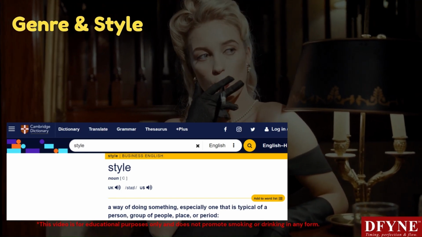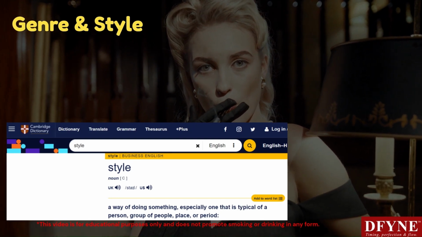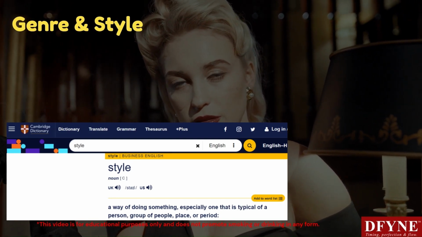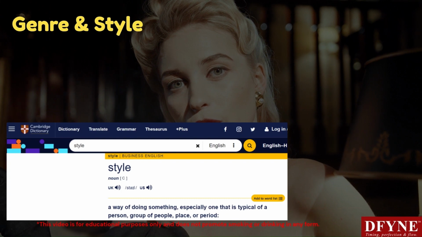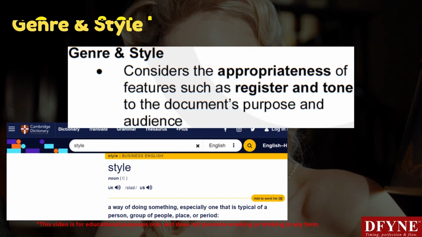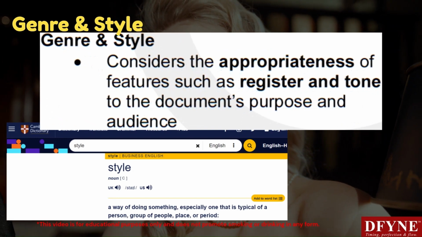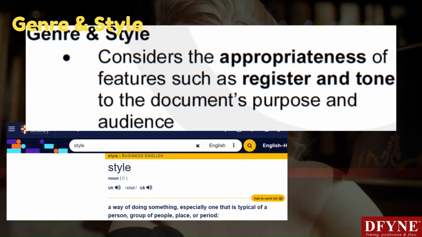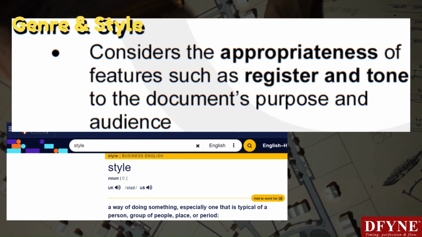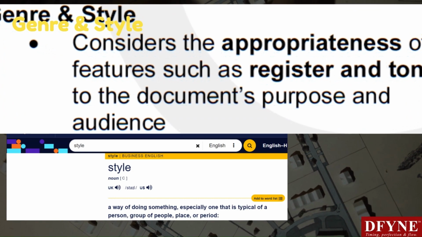If you can figure out how the letters are written in a healthcare setting and are able to produce it in a manner or style appropriate for the reader, then you should have no problem with this criteria. This criteria also considers the appropriateness of the register or tone as the reader may perceive it. It's best to keep the letter as factual as possible without any involvement of your emotions like your ego.